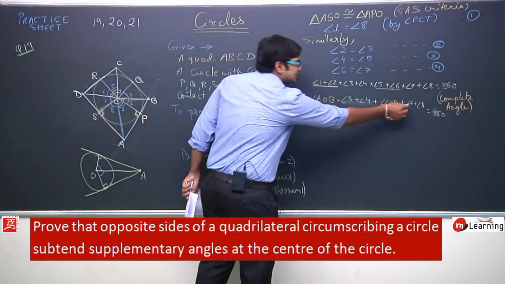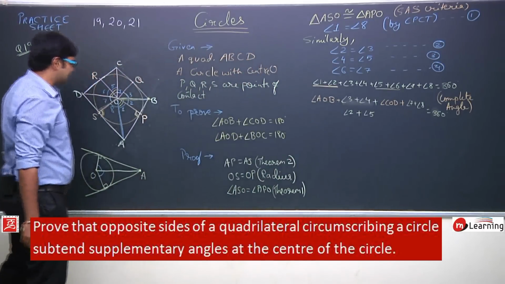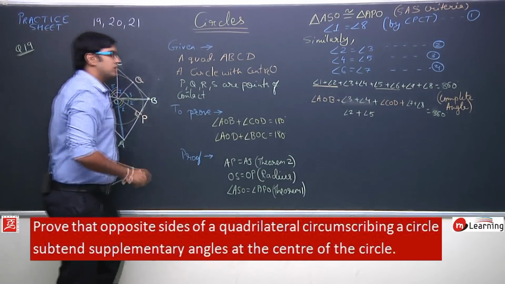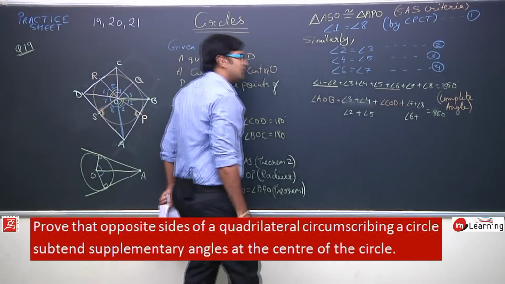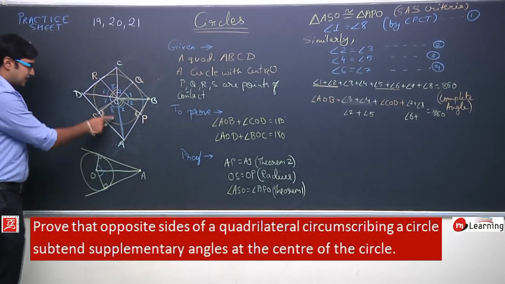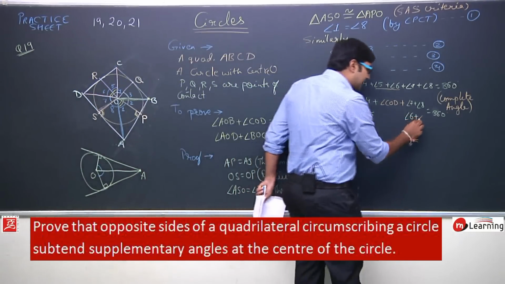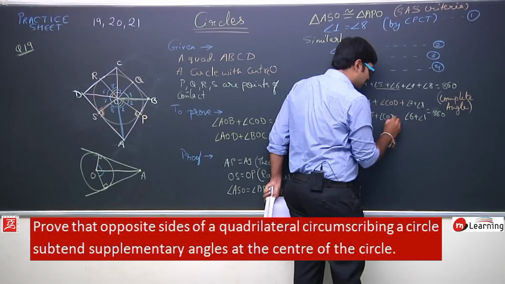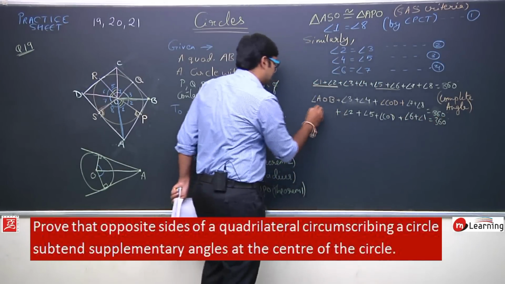Then angle 7 is equal to angle 6; these two angles are equal. So in place of angle 7, I can write angle 6, and angle 8 is equal to angle 1, so in place of angle 8, I can write angle 1. So plus angle COD is equal to 360 degrees, and this is angle AOB.